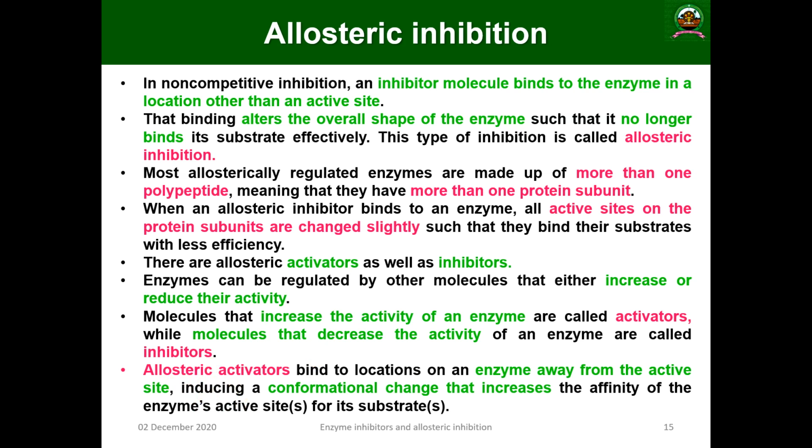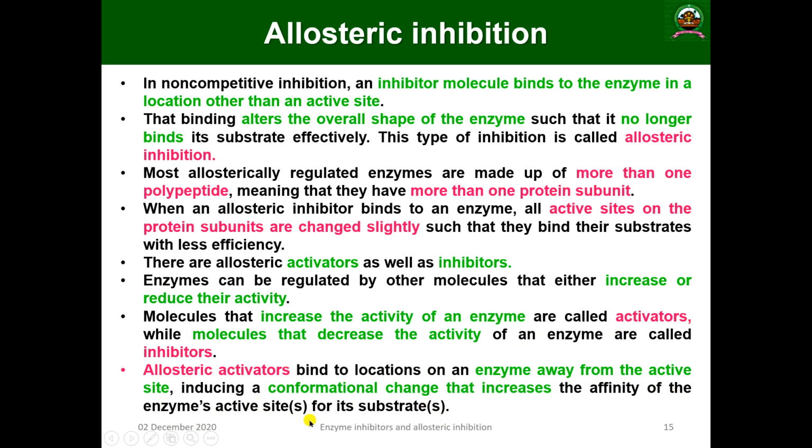We have seen the role of allosteric inhibitors, and what is the role of allosteric activators? Allosteric activators bind to a location on an enzyme away from the active site, inducing a conformational change that increases the affinity of the enzyme's active site for its substrate. This we will see very clearly in the next slide.